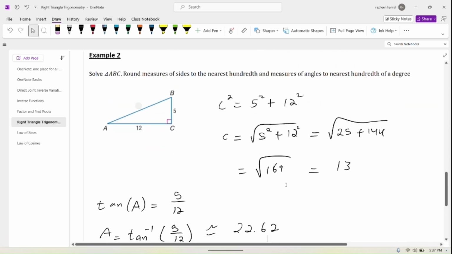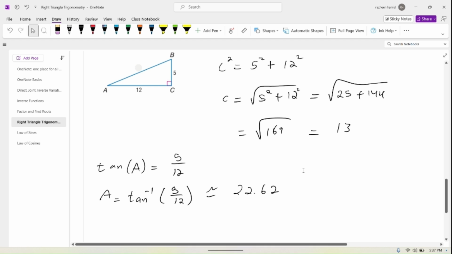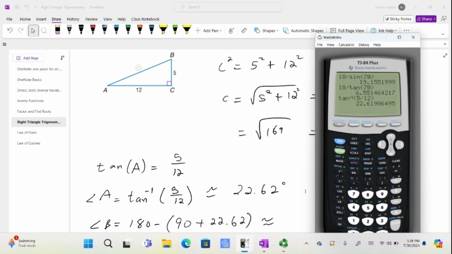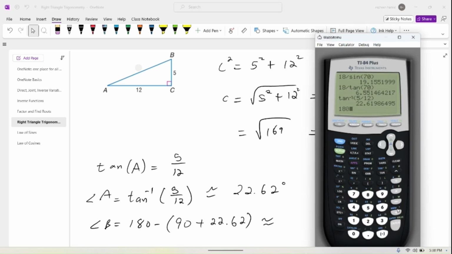Now that we have A, and we already know angle C, we can find the measure of angle B. The measure of angle B equals 180 minus 90 plus 22.62. Let's grab our calculator again: 180 minus 90 plus this number is 67.38.